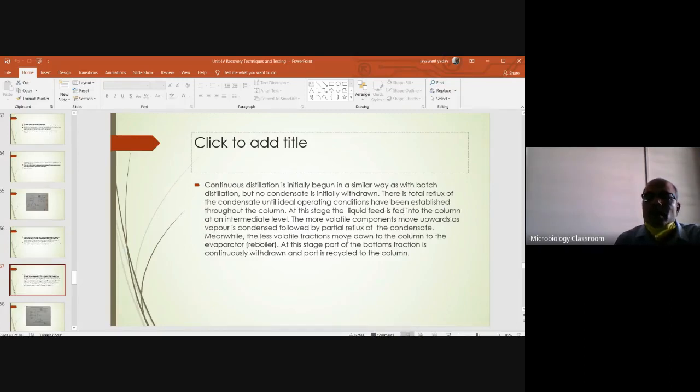The more volatile components move upwards as vapor and are condensed, followed by partial reflux of the condensate. Meanwhile, the less volatile fractions move down the column to the evaporator, which is called the reboiler. At this stage, part of the bottom fraction is continuously withdrawn and part is recycled to the column.